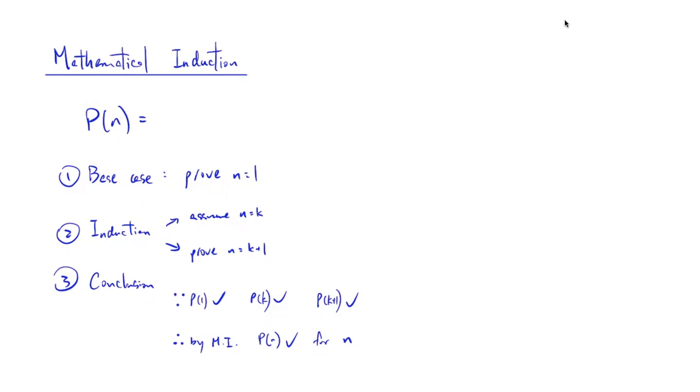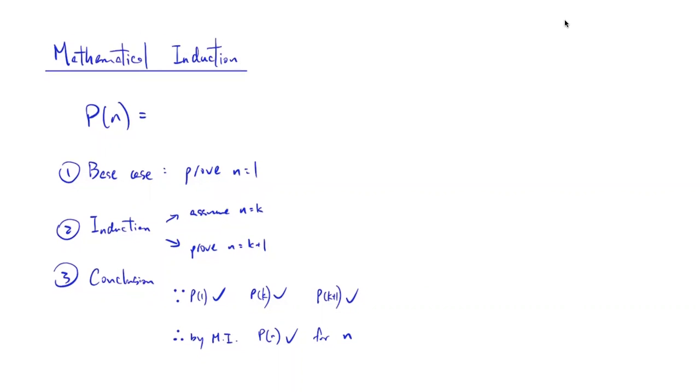And then we move on to the induction step. There are two parts in the induction step. The first part is we assume that n equals k. And in the second part, we prove that n equals k plus 1 is true. And in conclusion, we say that P1 is true, Pk is true, and Pk plus 1 is true.